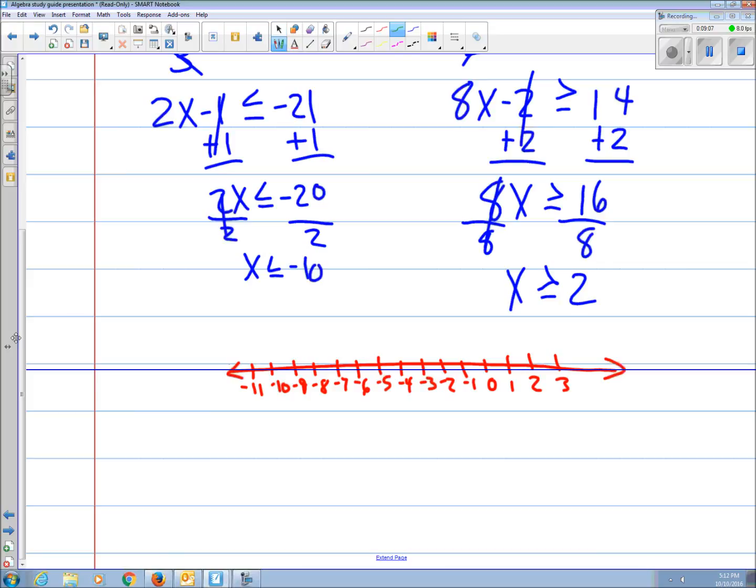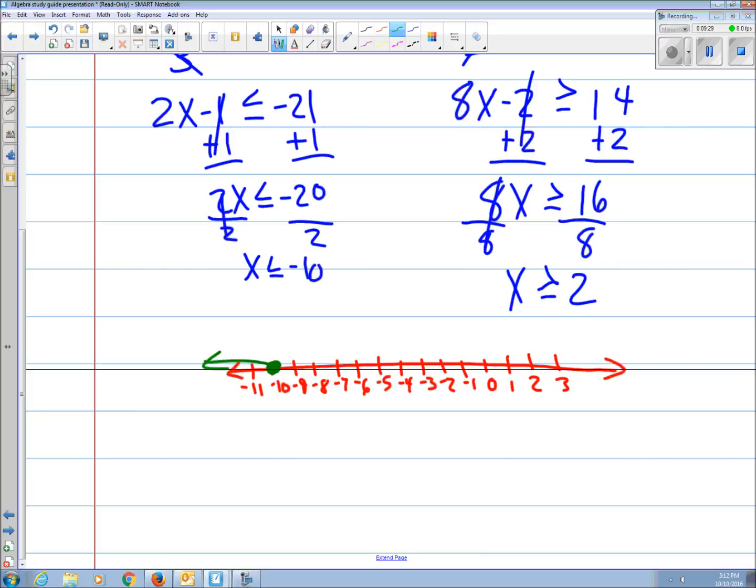If I look at my inequality signs, this says x is less than or equal to negative 10. The fact that it's a less than or equal to lets me know that it's going to be a closed circle on negative 10. And I need to point towards the numbers that are less than negative 10. On the number line, everything to the left is less.